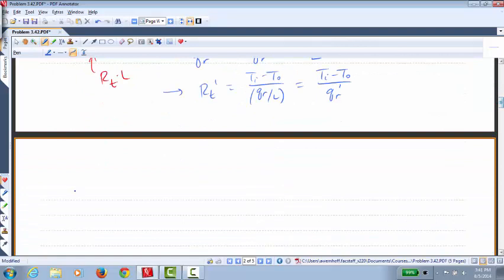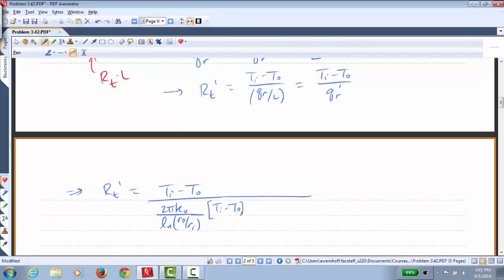So what we get then is R_t prime is going to be T_i minus T_o divided by our answer for part A, which we can extend out here, will be 2πK₀ over natural log of R_o over R_i times (T_i minus T_o) with 1 plus a over 2 times (T_o plus T_i).